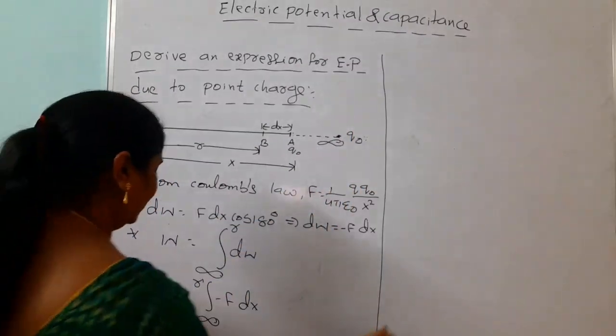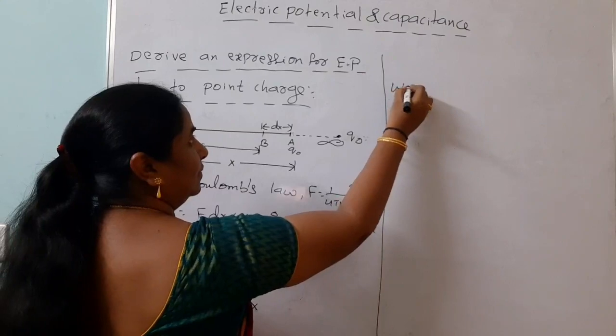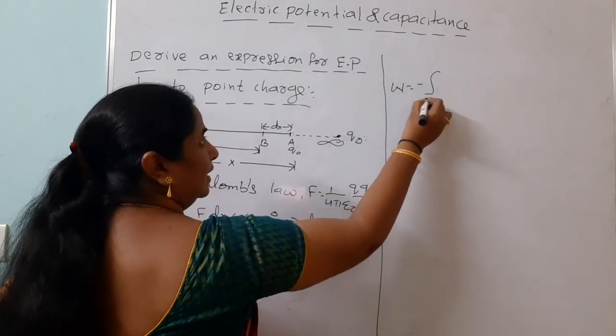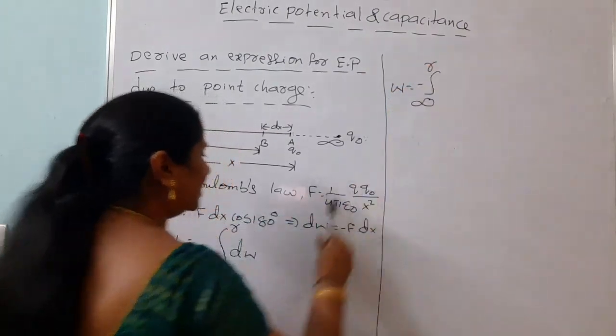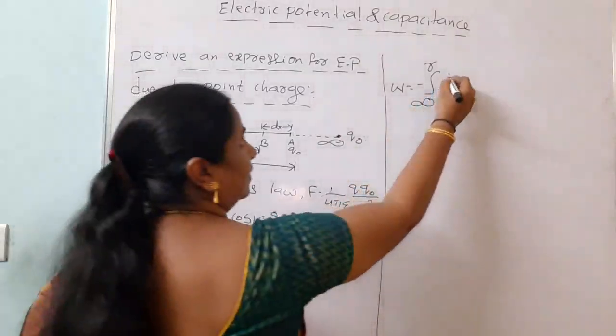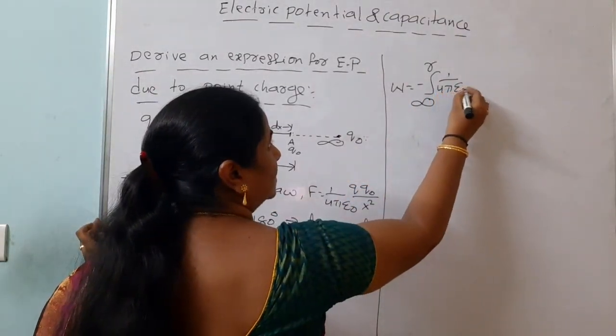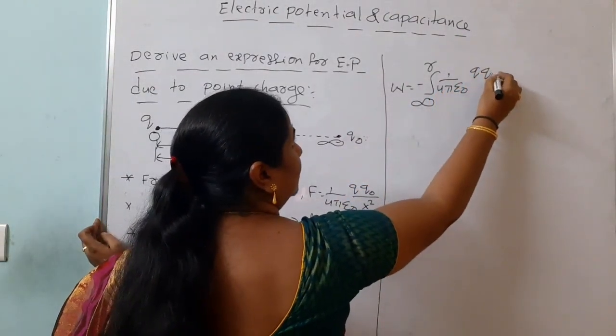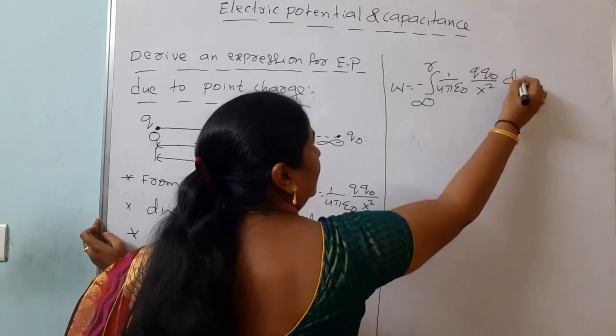Then work done equals to minus integral from infinity to R. Instead of force, from Coulomb's law, 1 by 4 pi epsilon naught q naught by x square into dx.